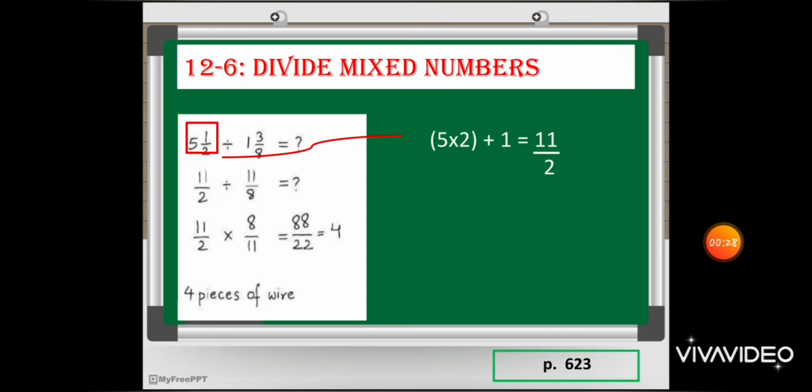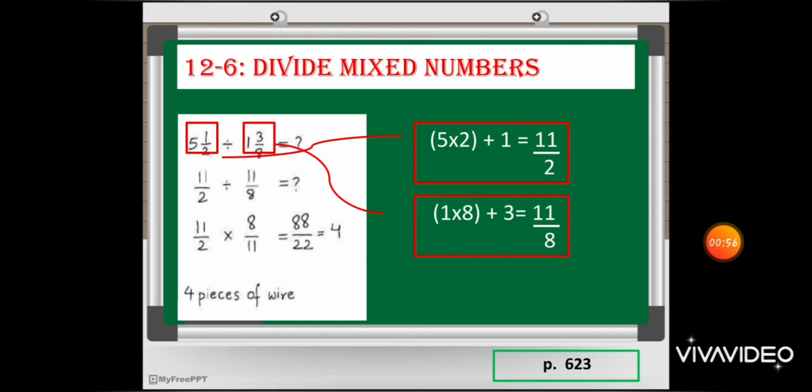Simply multiplying the whole number 5 by the denominator 2 and adding 1. How about the second mixed number, 1 3/8? To change it again to improper, we multiply the whole number 1 times the denominator 8 and add 3.